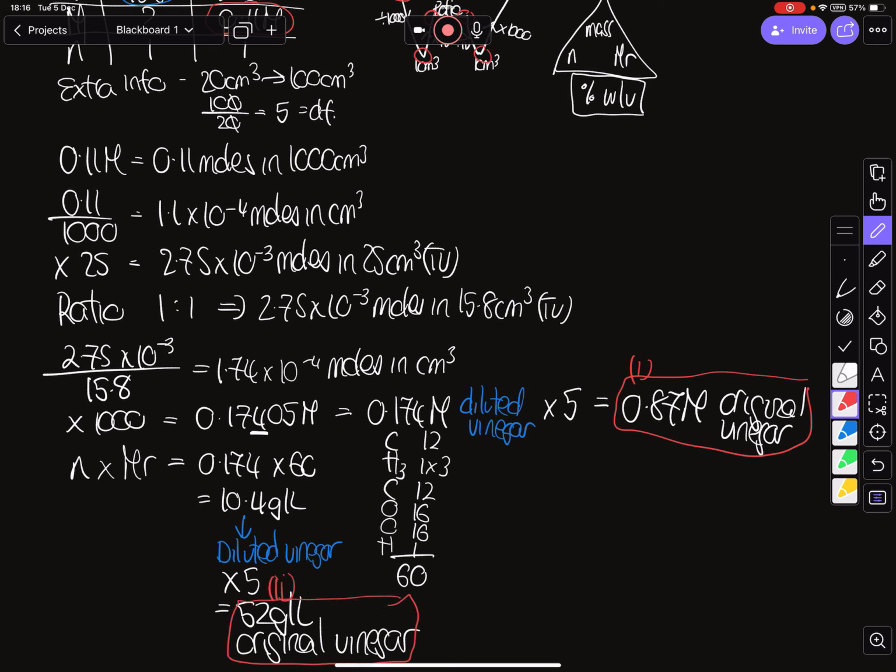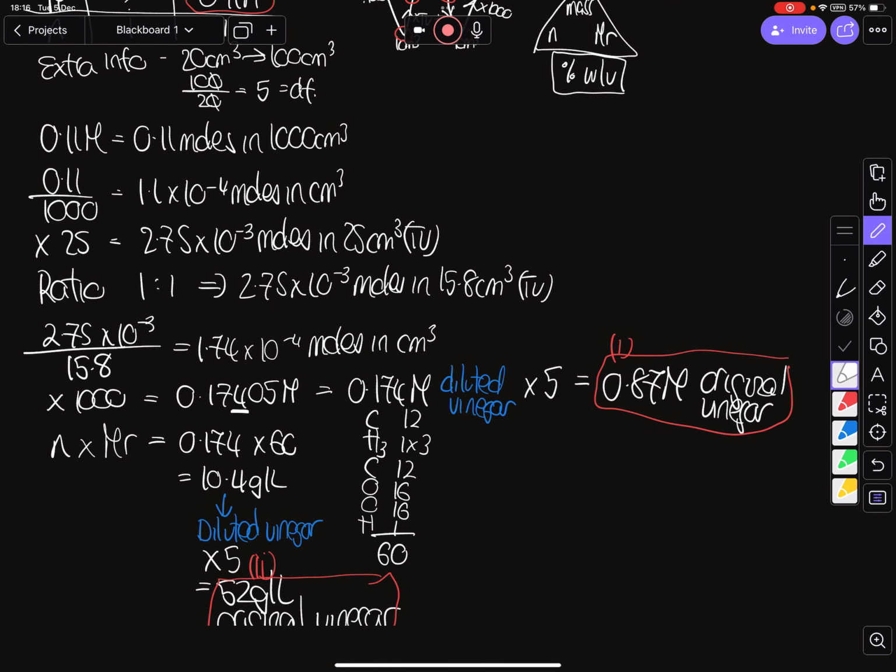And again, if you can't annotate, that's fine, you just make sure everything is done correctly. And the last thing I have to do is turn 52 grams in a litre into a percent weight per volume. So percent weight per volume, if I had €1 for everyone that gets it wrong, I'd be so rich. It's grams in 100 centimetres cubed.